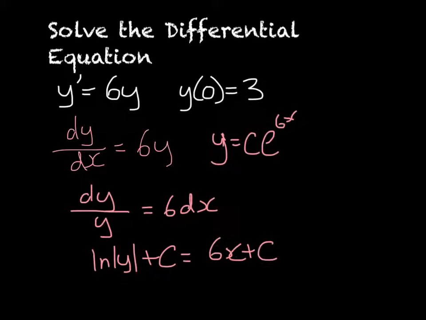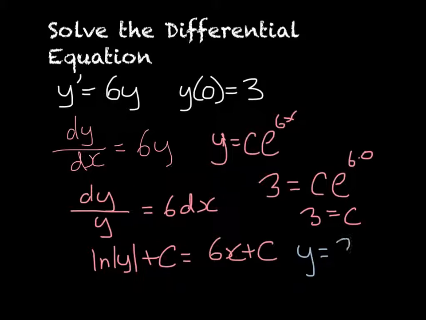And now, with the initial value y(0) equals 3, we can plug that in. So 3 equals c times e to the 6 times 0, or 3 equals c. So now we know that our solution to the differential equation is y equals 3 times e to the 6x.